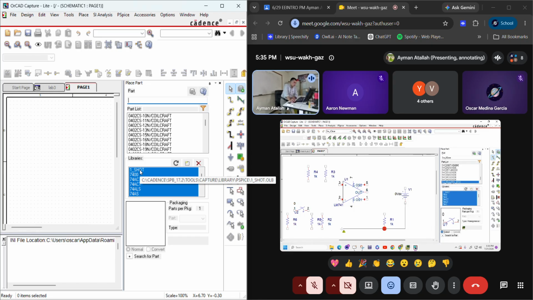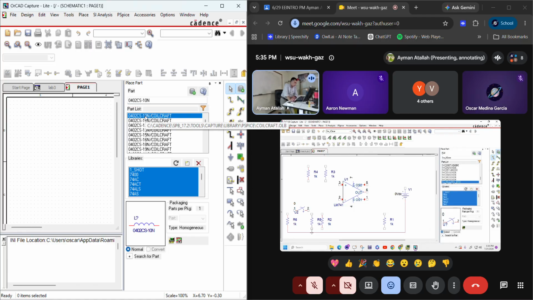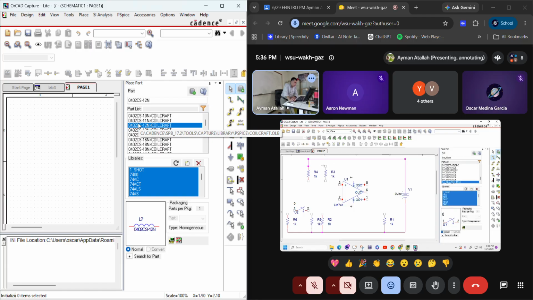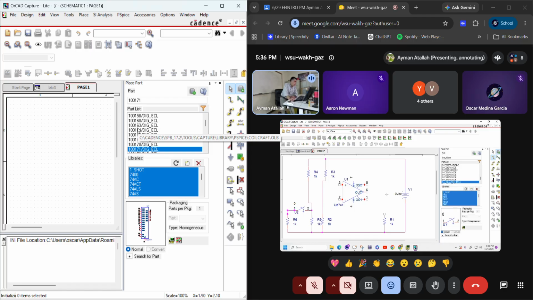So I need to connect this to this one here. Connect this to this, this to this, and so on.